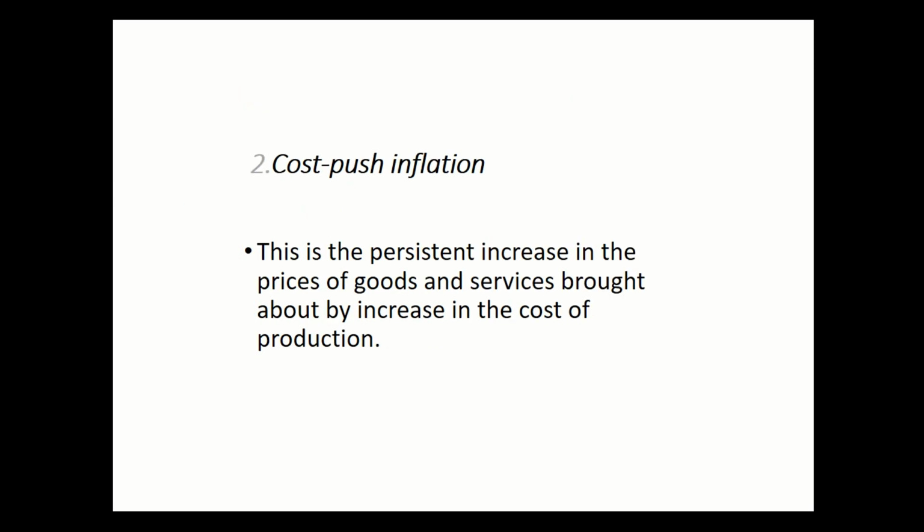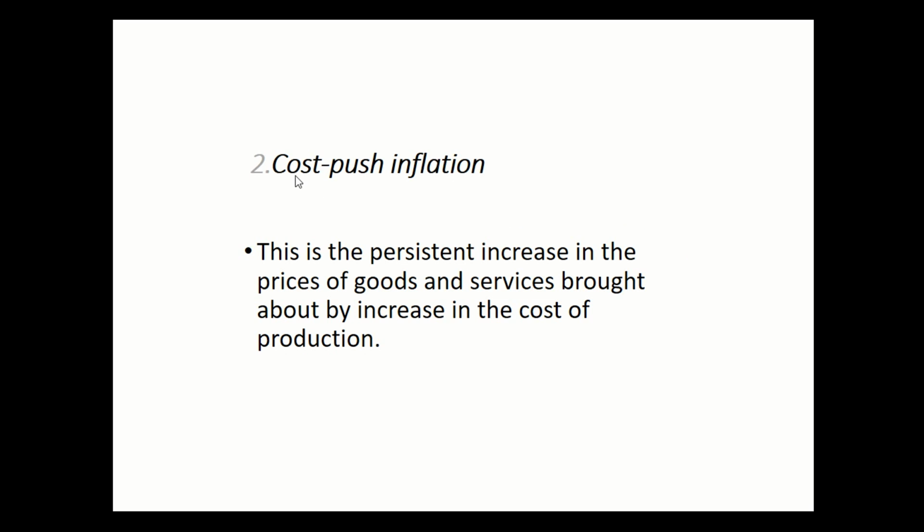The second type of inflation is cost push inflation. Cost push inflation is inflation that occurs when the cost of production increases. Listen here, please. When the cost of production increases, the producer will increase the price to cover the cost.